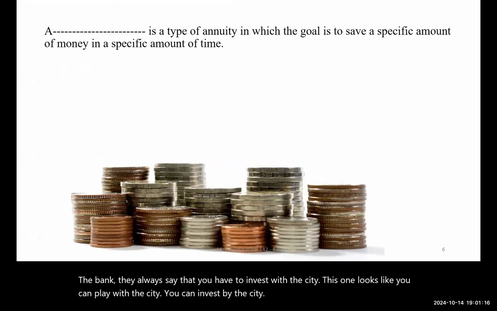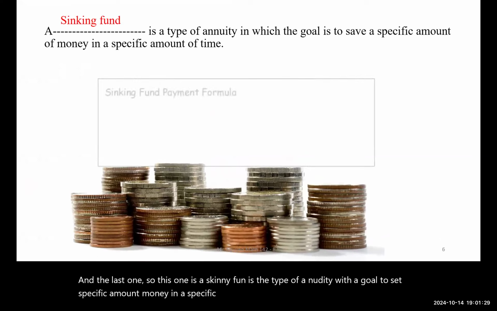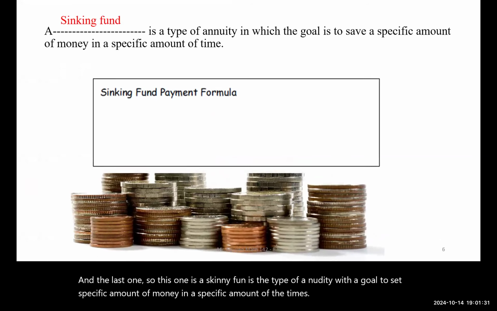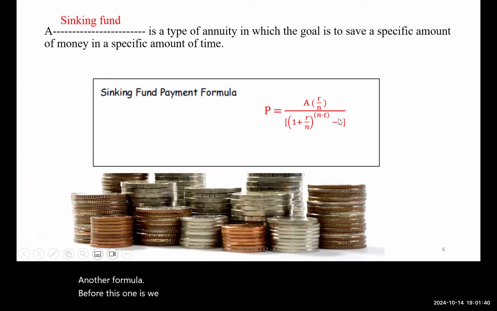And the last one is the sinking fund. It is a type of annuity whose goal is to save a specific amount of money in a specific amount of time. Another formula. Remember, before this it was the same formula, but they ask for something different.